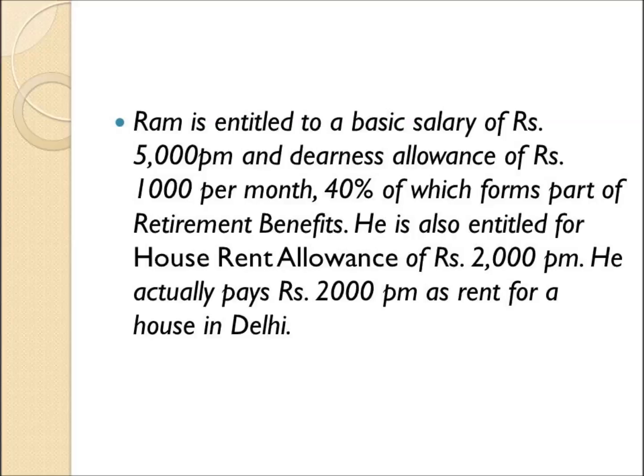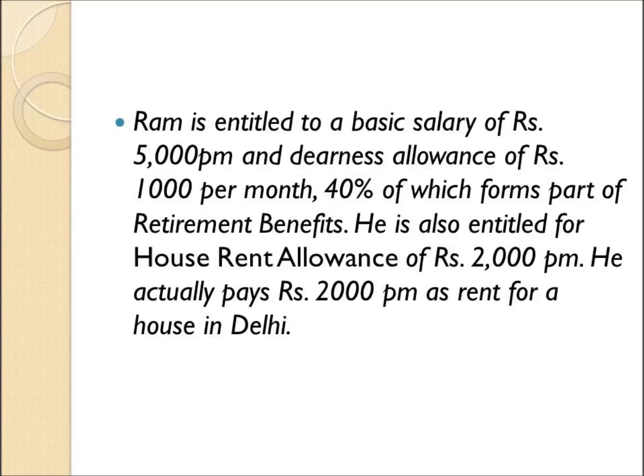He is also entitled to HRA of rupees 2,000 per month. He actually pays rupees 2,000 per month as rent for the house in Delhi. So these are the figures given for this question. Basic pay 5,000, DA 1,000 in which 40% will form part of retirement benefits.